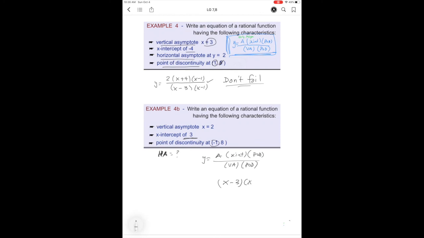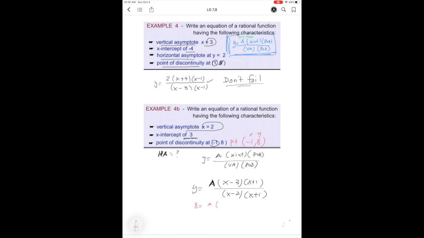The POD, x plus 1, x plus 1, and we have a vertical asymptote of 2, so x minus 2. We don't have an A. Okay, so we need to find this A. And how we find it is we use a point. Negative 1, 8 is a point. So we can use this as the x and this as the y, plug it in, and find A.